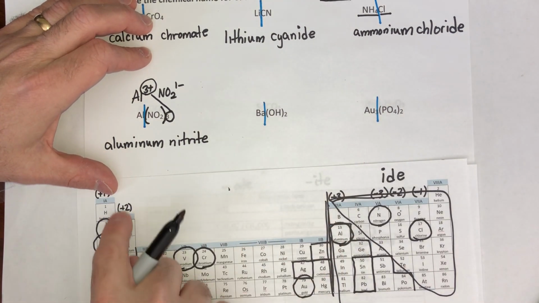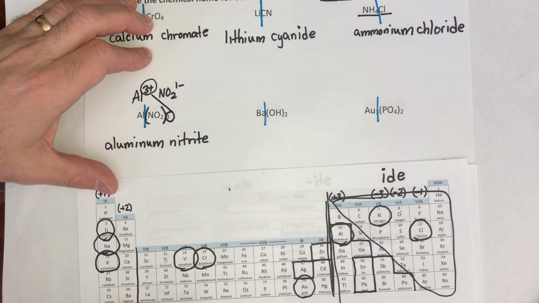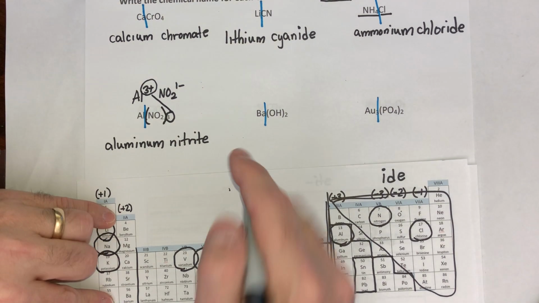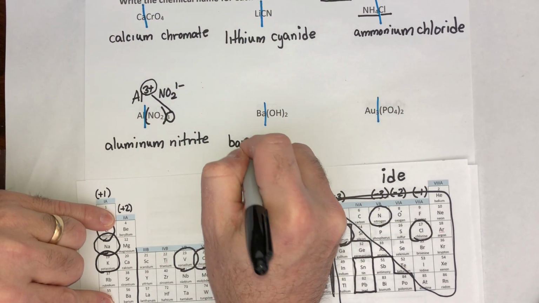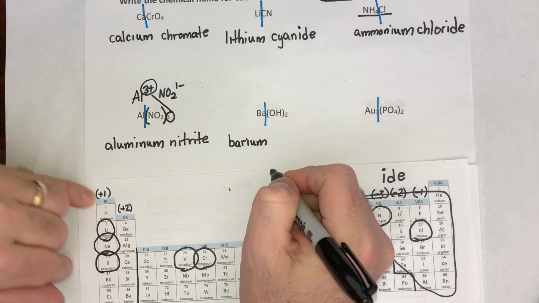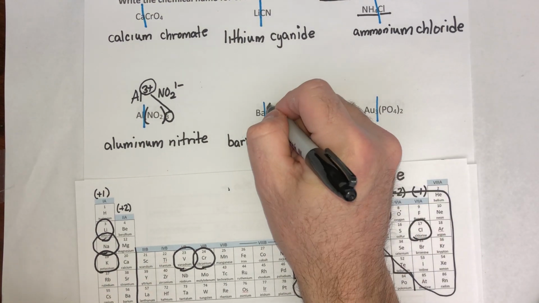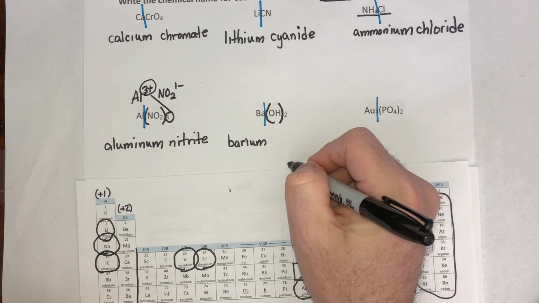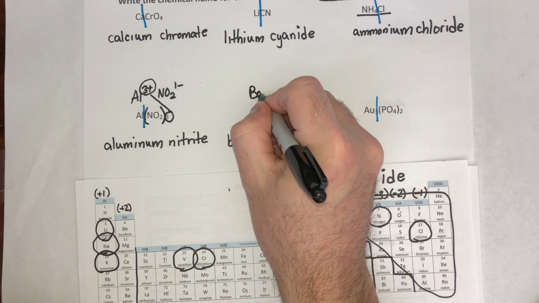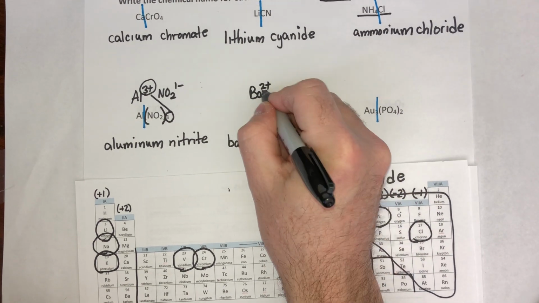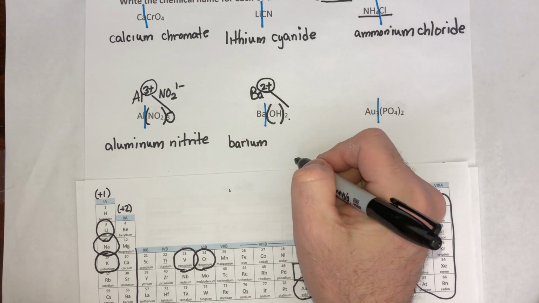Ba is barium. It's not a transition metal, so it does not get Roman numerals. So my first word here is barium. And again, I've got an OH with a 2. The 2 outside the bracket is only there because the barium is a 2 plus, right? 2 plus told me I needed to have 2 of them.